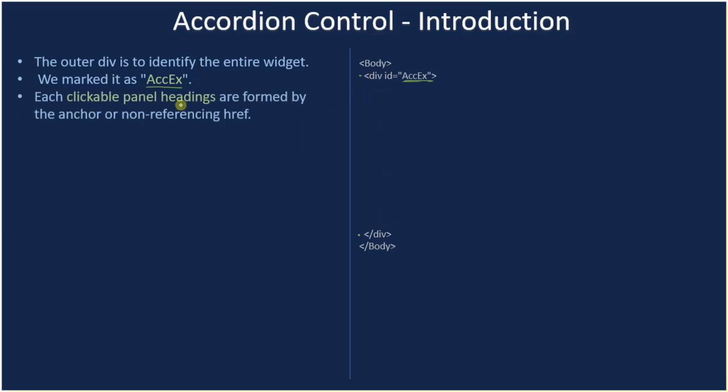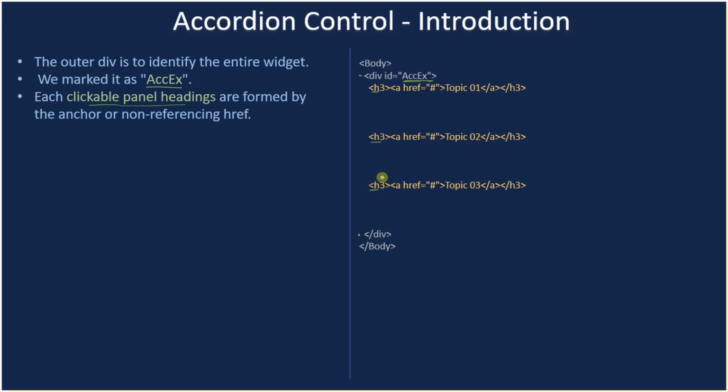Each clickable panel heading is formed by the anchor or non-referencing href attribute. Let's see how we are forming this clickable panel heading. Here, if you see, this is the div tag, right? Inside, we are forming an anchor. So this anchor is important. This one you can have whatever you want.